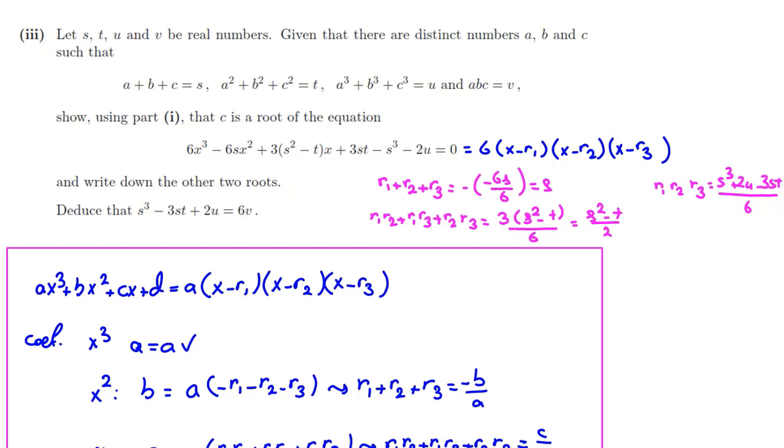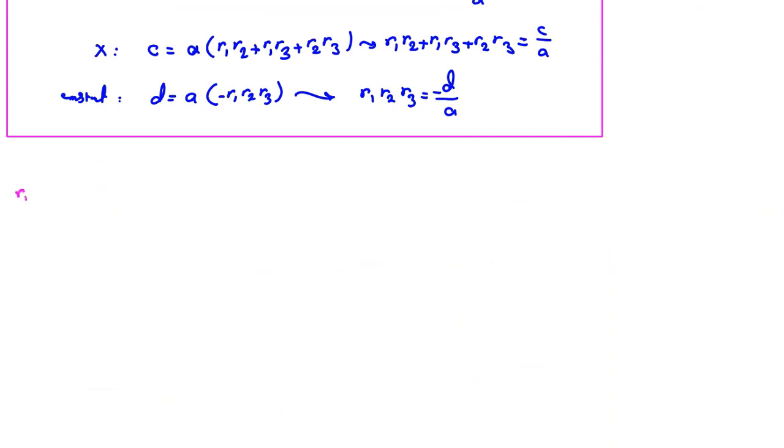And here we have ABC. Now, if I want to find r1 squared plus r2 squared plus r3 squared, let me write it here. r1 squared plus r2 squared plus r3 squared equals (r1 plus r2 plus r3) squared minus 2 times (r1 r2 plus r1 r3 plus r2 r3).